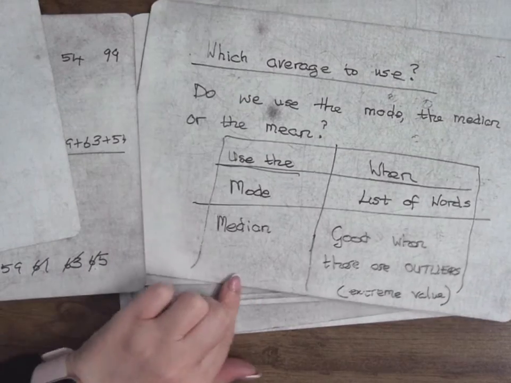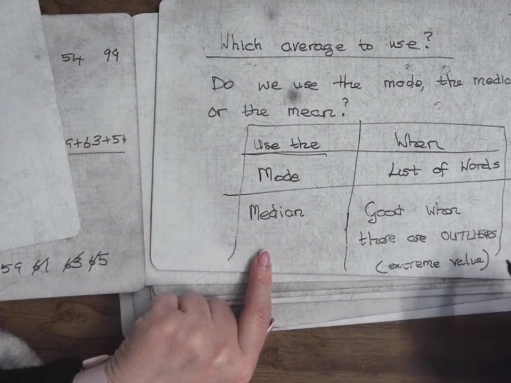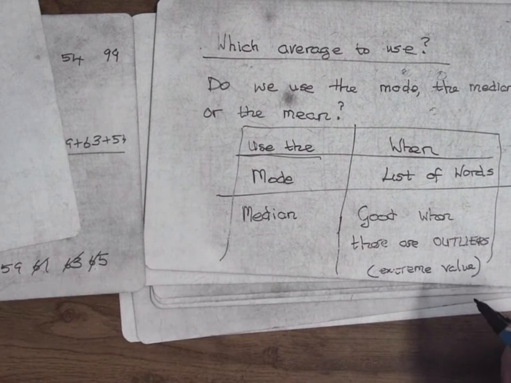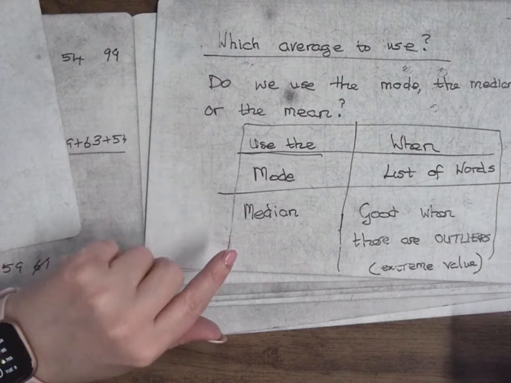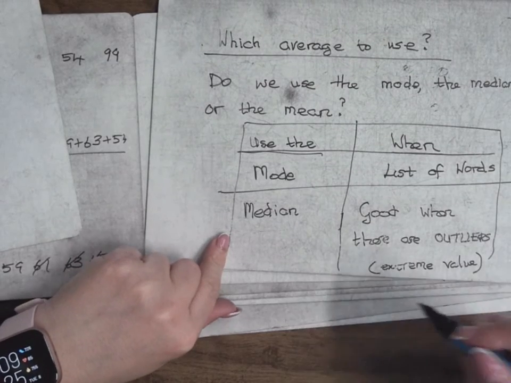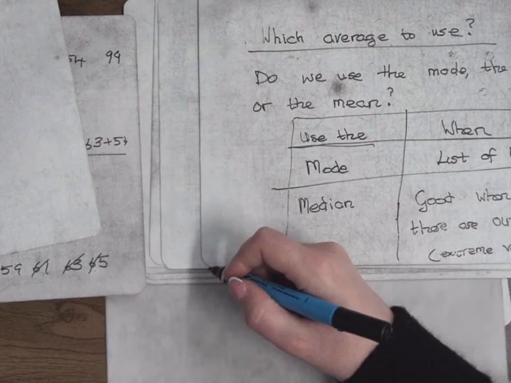Okay, so the median is the best measure of centre to use when there are outliers, because when there are outliers, it distorts the mean. So you should only use the mode for a list of words. The median is the best one to use when there are outliers. And what's the last one I'm missing?